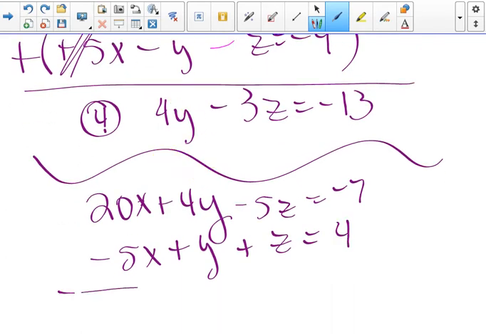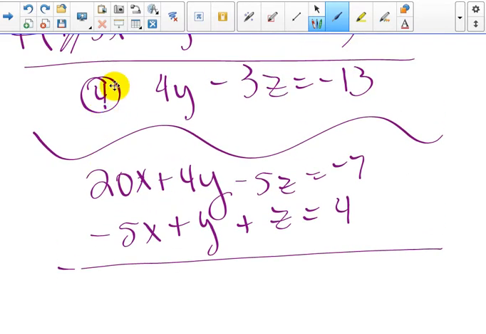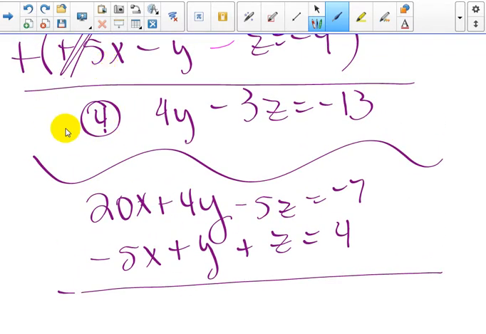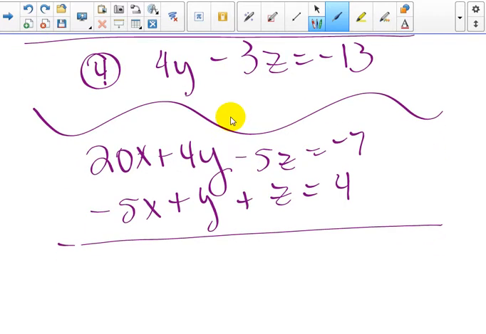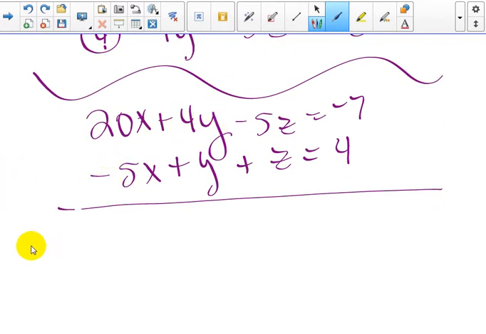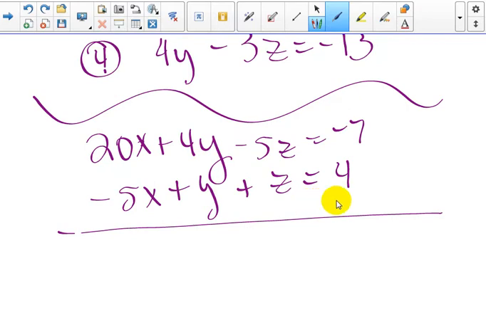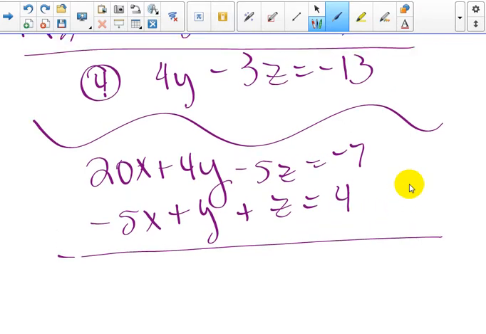Okay, now again, I've got to eliminate the same variable in my next equation. So if I eliminated x in the previous, which I did for number 4, now for the next equation, number 5, I've got to eliminate the x. Well, these aren't the same, so you have to make them the same.